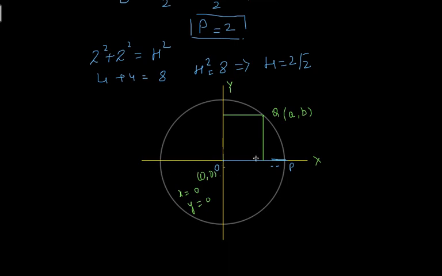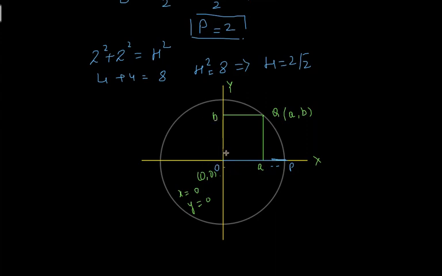Now this value on the x axis is A. This is B. Hence this length is going to be A and this length is going to be B.